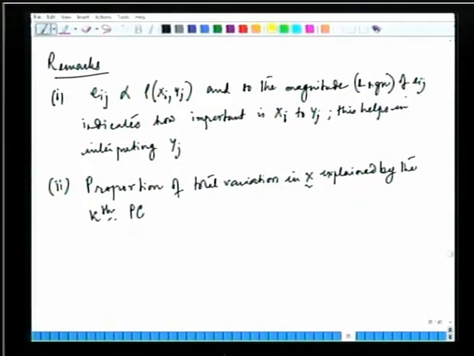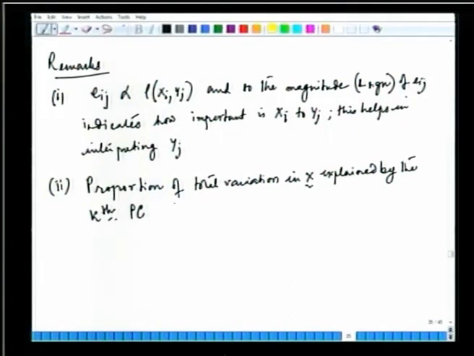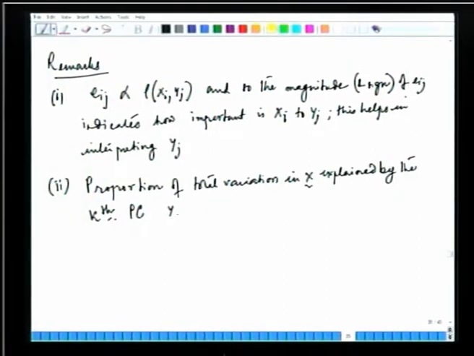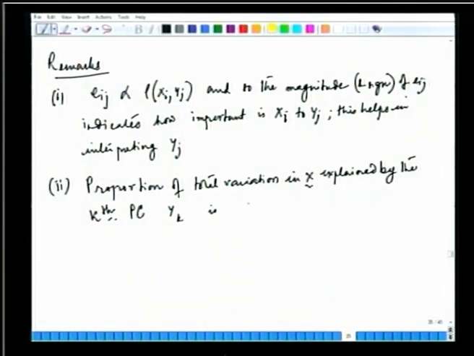What is the total variation in x? It is the sum of the eigenvalues, and the variation explained by the kth principal component is nothing but its variance, and that is equal to lambda k. So, the proportion of total variation in x explained by the kth PC Y k is equal to lambda k by sum of lambda i from 1 to p.